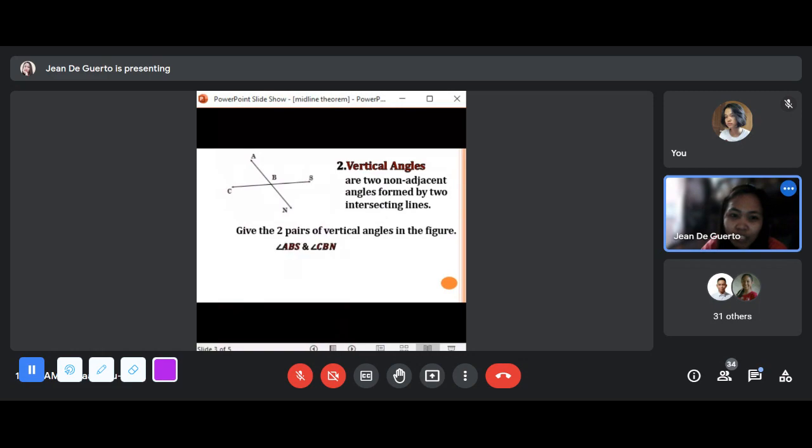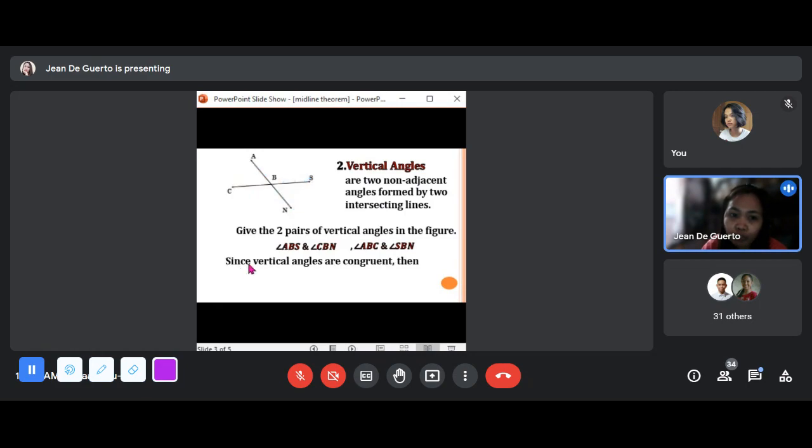Ayan. Nabigay na natin yung angles. So yan yung binigay na example na pair ni Raymark, angle ABS and angle CBN. Then the second pair, which was given by Miel, we have angle ABC and angle SBN.